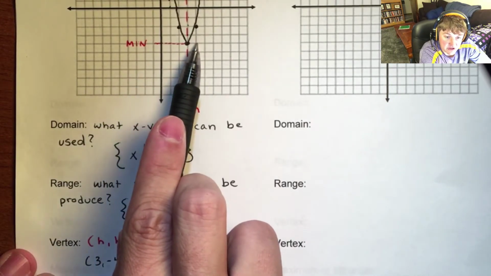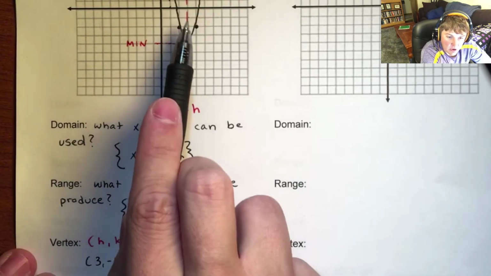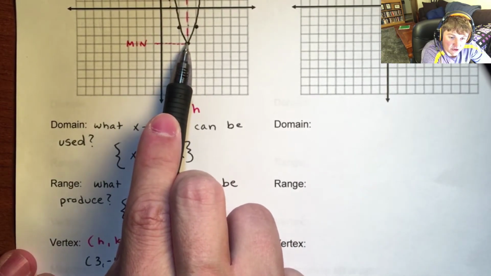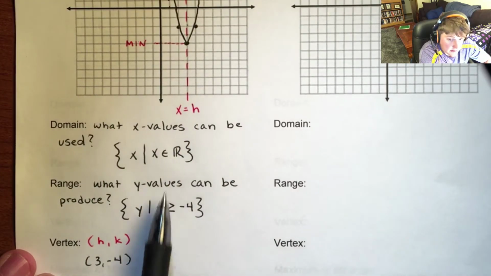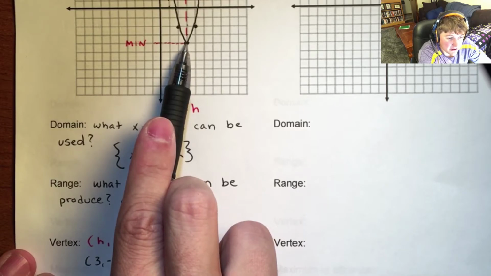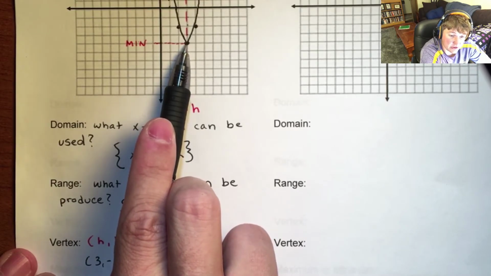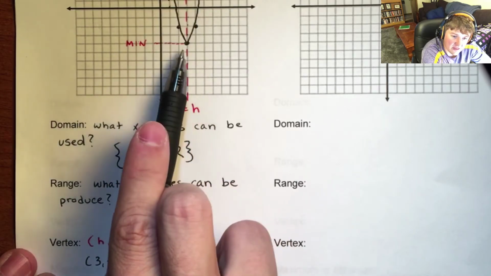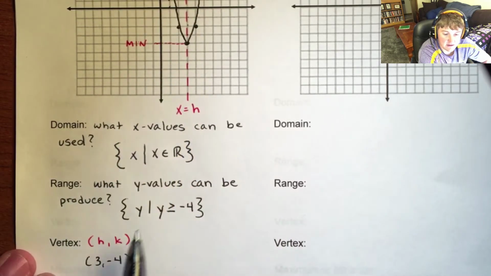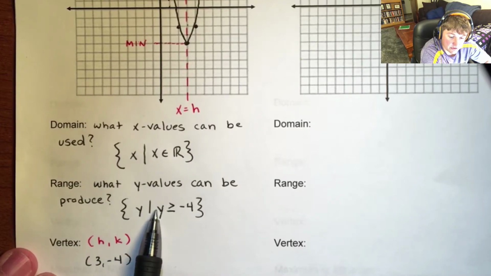My minimum value is negative 4, and all my y values are above that, which would be greater than. The only one that's not greater than it is itself, which means it's equal to. So all my y values start at negative 4, and they're all greater than that. None of them are less than that. So these are the y values that can be produced.